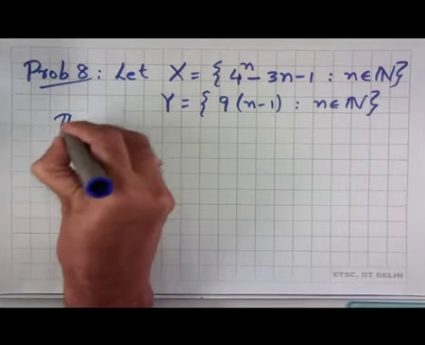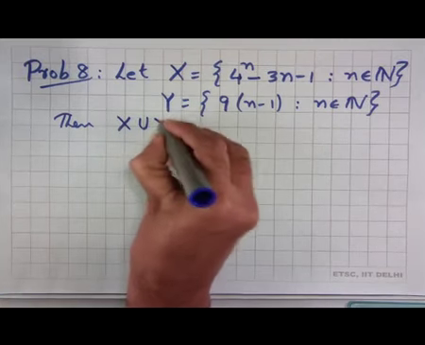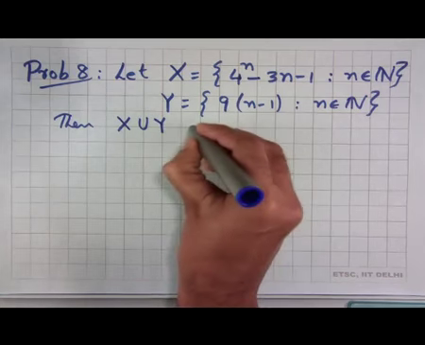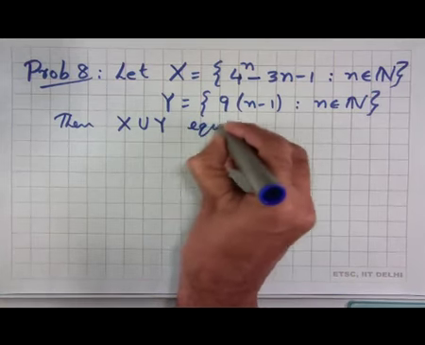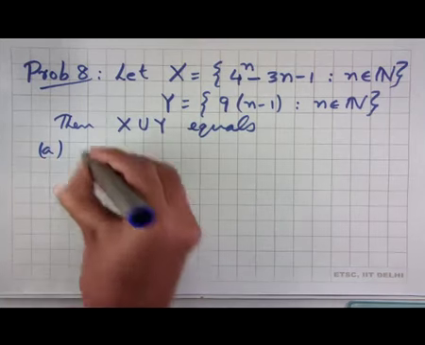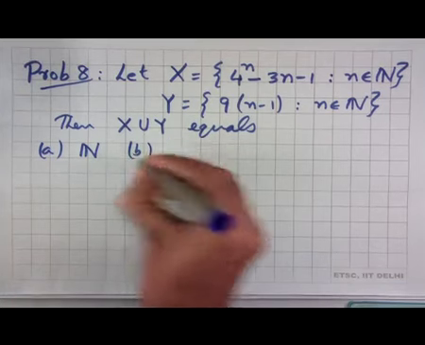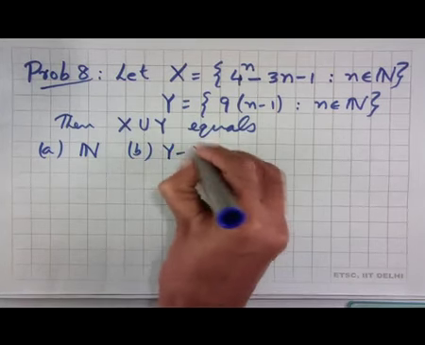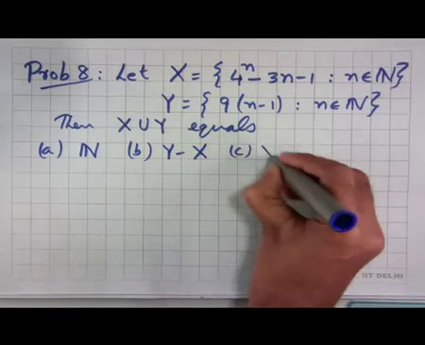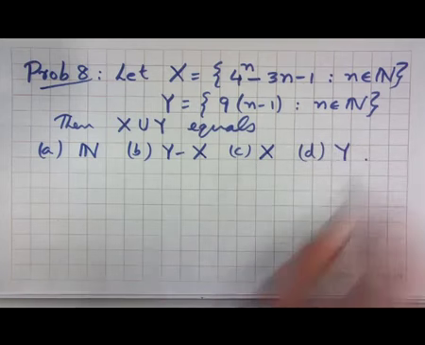Then X union Y equals, and we are given 4 choices. A is all of the natural numbers, B is equal to Y minus X, C is equal to X, and D is equal to Y.